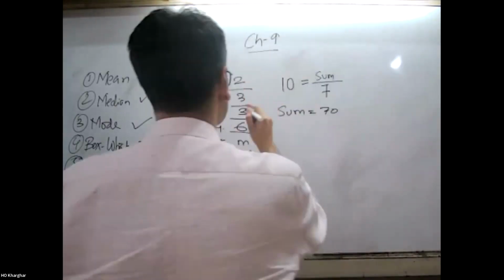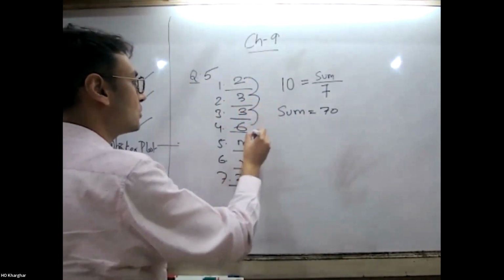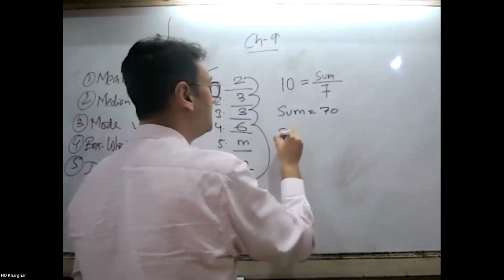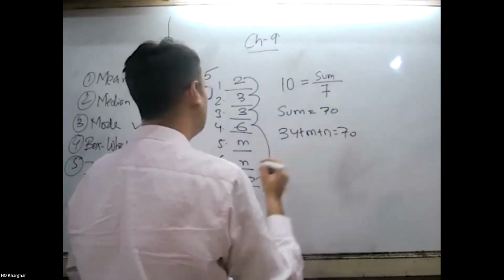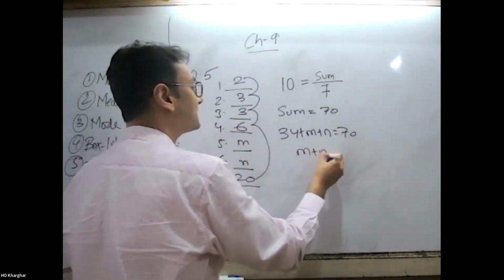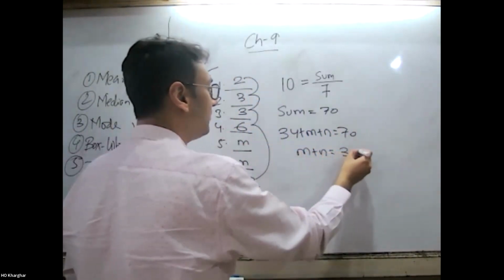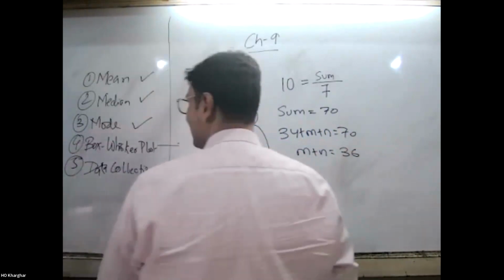If that is the case, then 2 plus 3 is 5, plus 3 is 8, plus 6 is 14, 14 plus 20 is 34. 34 plus M plus N is equal to 70. Or I can say M plus N is equal to 36. That gives you an integer.